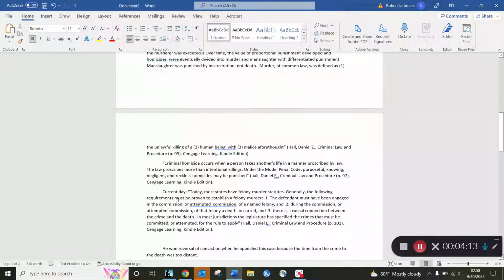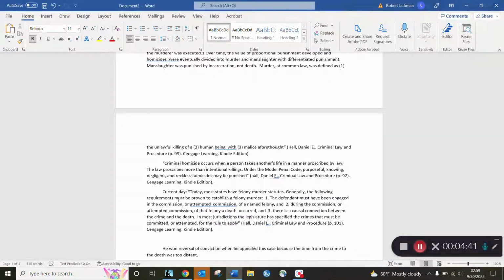It goes on to say, quote, today most states have felony murder statutes. Generally, the following requirements must be proven to establish a felony murder. So it was on the list that the defendant must have been engaged in the commission of or attempted commission of a named felony. Also, during the commission or attempted commission of that felony, a death has to occur.